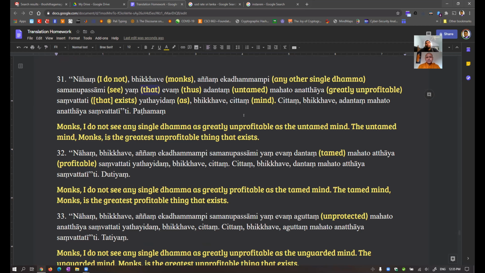Anarthe pinisa, so pinisa has the sense of for. But I think you have grasped it. Mahato anathaya, for the great unprofitability or for greatly unprofitable. Sangvattati is causes. Okay.